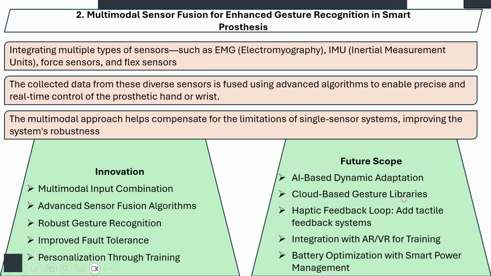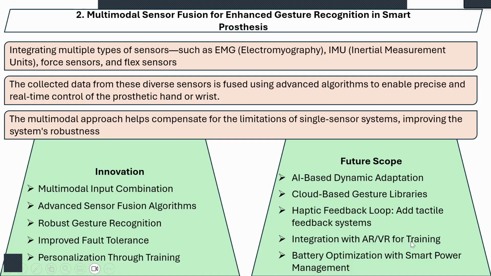Cloud-based gesture libraries. So it builds cloud-connected databases of common gestures to help train and improve prosthetic behavior across multiple users. Haptic feedback loop, that is, it adds a tactile feedback system for real-time sensory feedback like vibration and pressure, so that it improves the user's connection with the prosthesis.